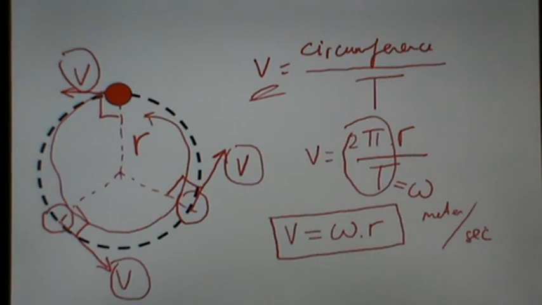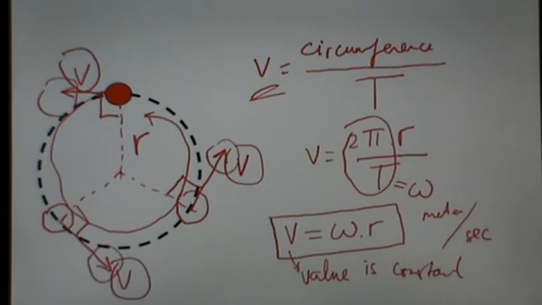Keep in mind that the value of the linear velocity v in the uniform circular motion is constant. However, the direction of v here is changing. So there is a change in the velocity here, and it's not constant due to the changing direction of this velocity.